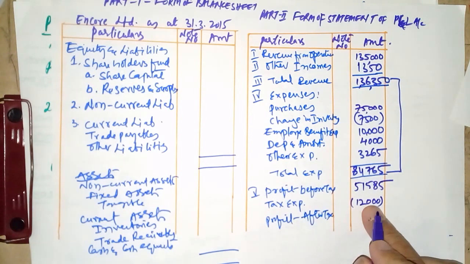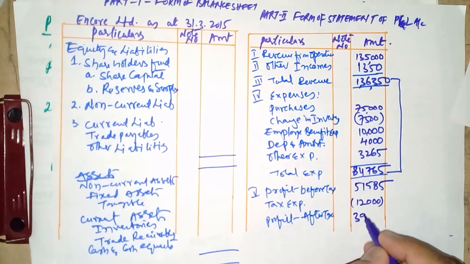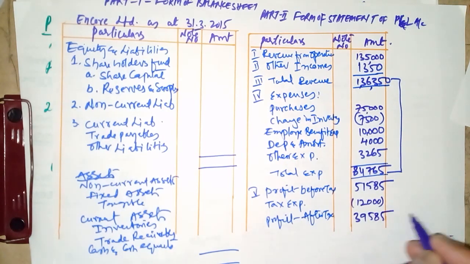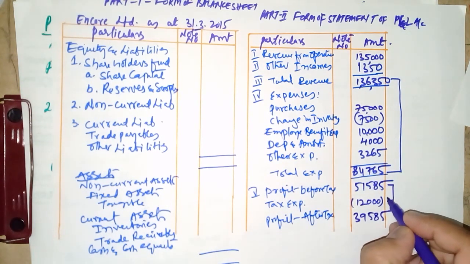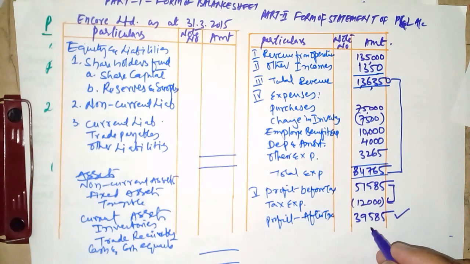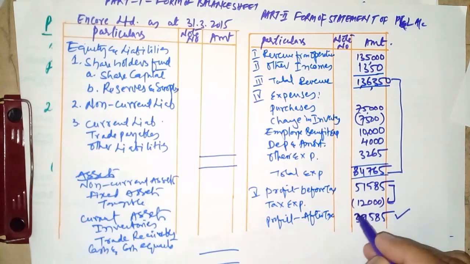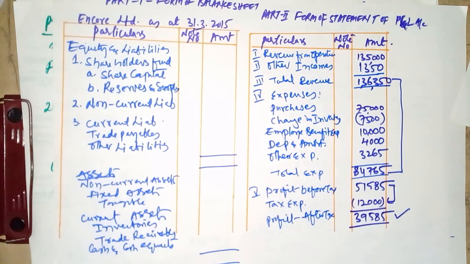So 51,585 minus 12,000, we will get 39,585. So 39,585 is our profit. So this minus this will get net profit, right? So this is the way we need to do the problem, right? So this is our profit after tax.